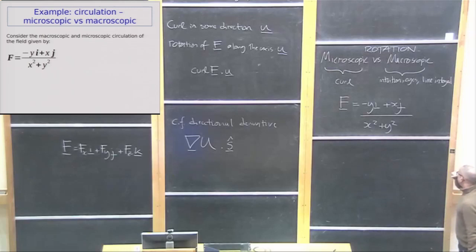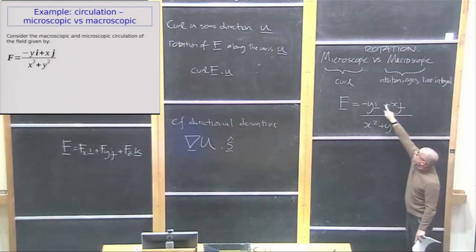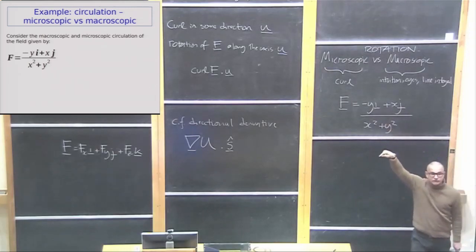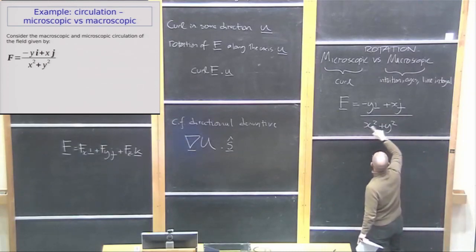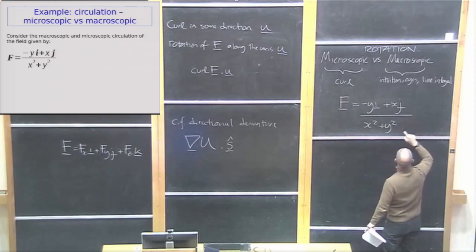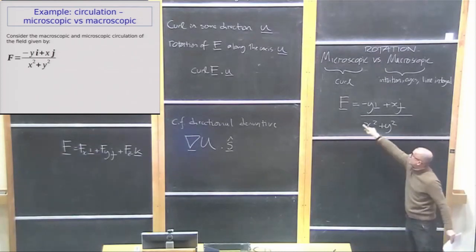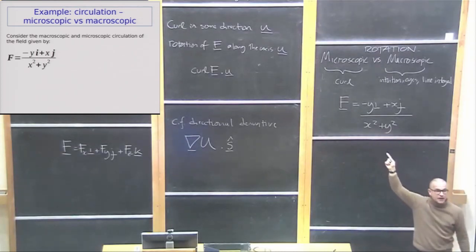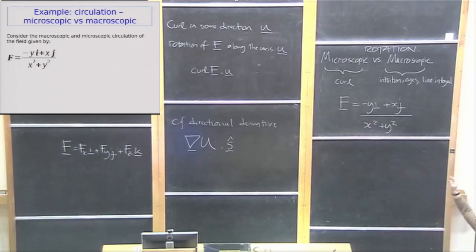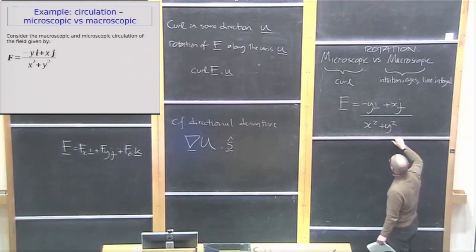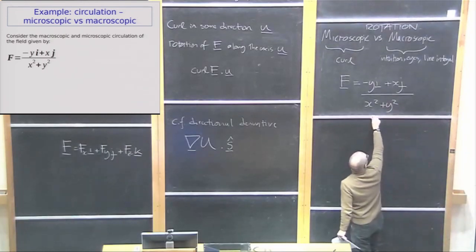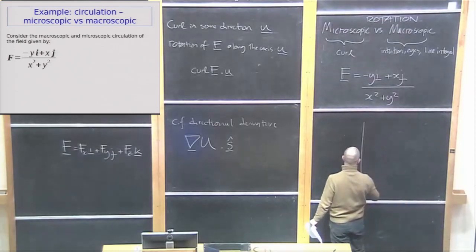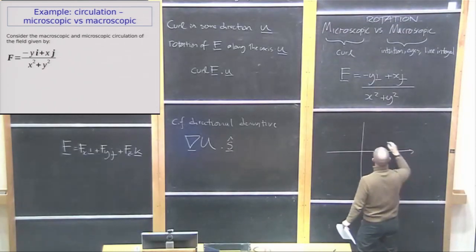So some things to notice straight away. The magnitude of this vector is the square root of x squared plus y squared. So if I had this vector written to the power of a half around that, or the square root of that, that would just be a unit vector. That would be a rotating field with unit length vectors everywhere in the field. But in fact, I've got it falling off by another power of r, so this is a vector field which gets weaker as it falls off away from the origin. So this vector field looks like this.